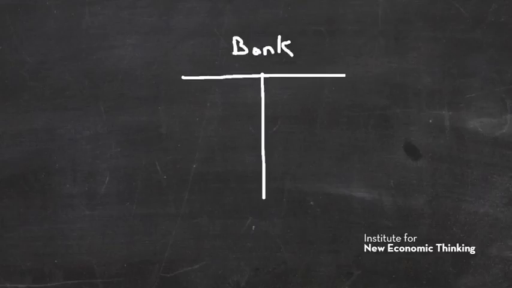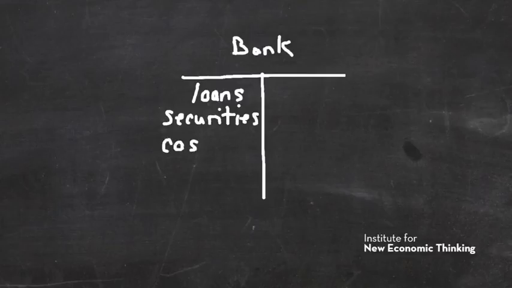Okay? And we could think of a bank as having some loans, some securities. So that might be like a treasury bill, and some cash reserves. It's more complicated than that, but.